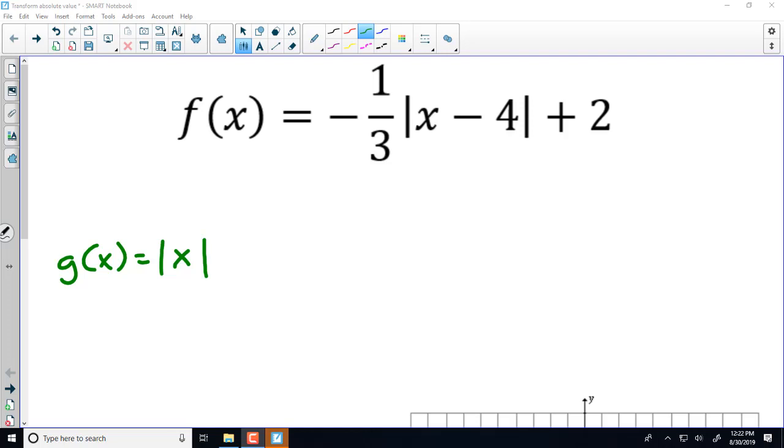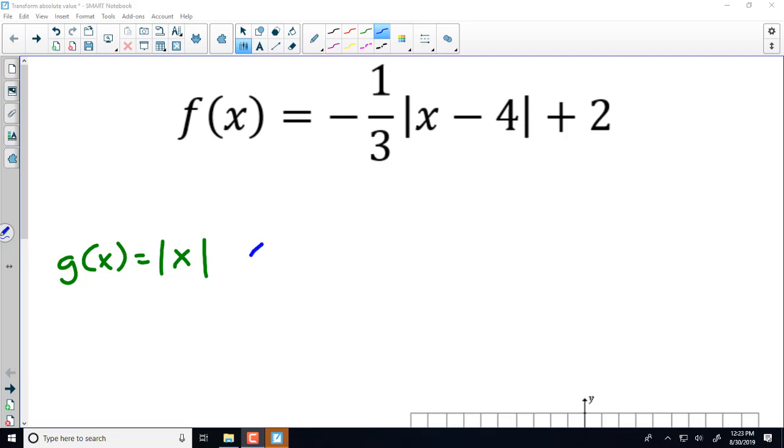Now let's do a little planning ahead. Because there's a -1/3 in front, at some point we're going to have to multiply all of our y values by -1/3, which basically means dividing by -3. So what would be awesome is if all of our y values were divisible by 3. I'm going to use a special set of ordered pairs that still represent the graph of absolute value of x, but will make it easier with that -1/3 there.